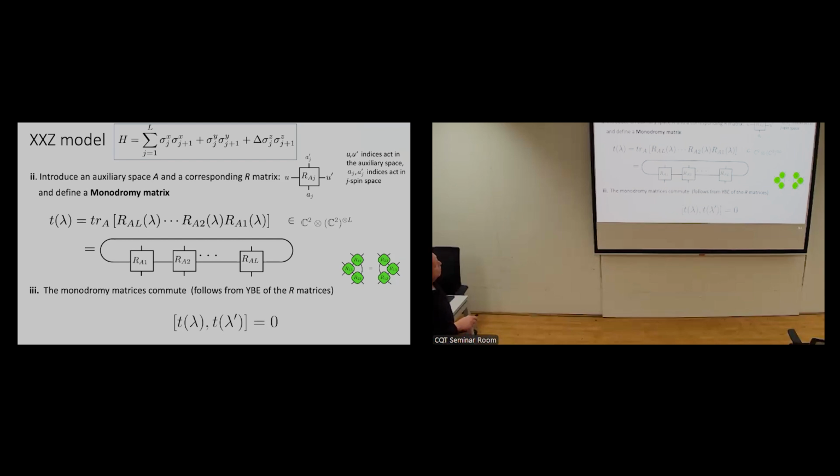I'll create what is called the monodromy matrix, taking the product of these R matrices, and take the trace over the auxiliary space only. Diagrammatically, I get this. And I claim that the Yang-Baxter equation that I wrote down for this R matrix makes this transfer matrix commute with itself at different values of this parameter lambda.